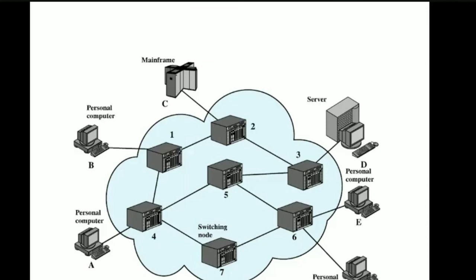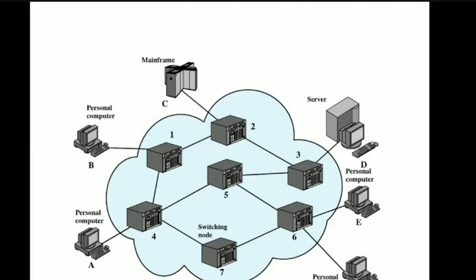Another advantage of the datagram is that it is more flexible. Let us say there is congestion in one part of the network. Say from node A to 4, 4 to 5, and now there is congestion at node 5. Then the next packet will not choose the path from 4 to 5; it may go from 4 to 7, then 7 to 6, and then 6 to E. So when there is congestion in the network, the datagram approach is very flexible.